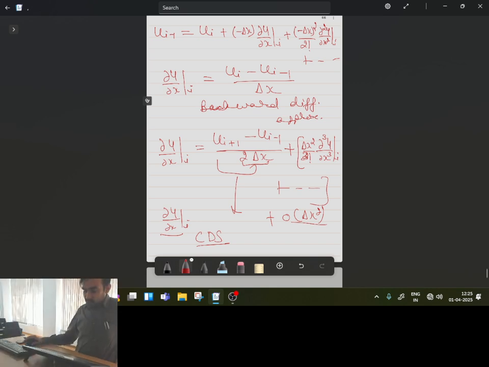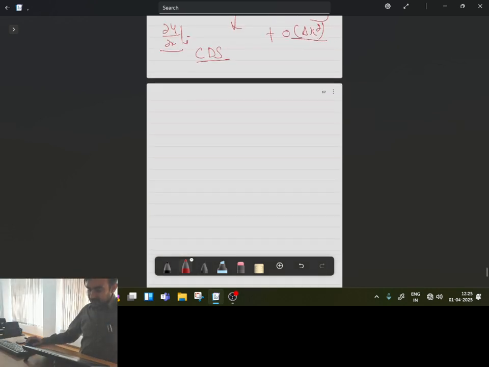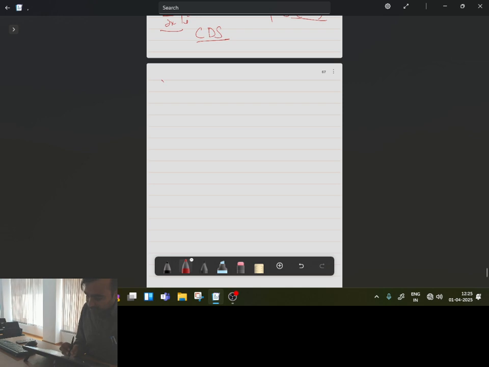Okay. So likewise, if I have to calculate the second derivative using the central difference scheme, del square u by del x square at point i comes out to be u at point i plus 1 plus u at point i minus 1 minus 2 ui, divided by delta x square.